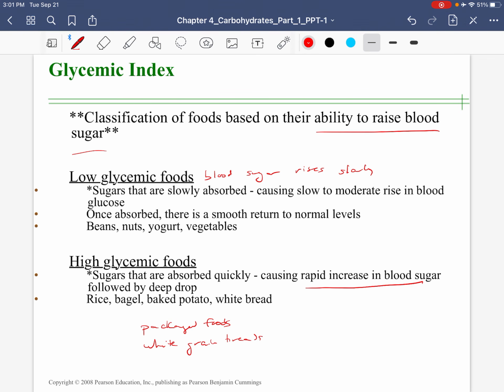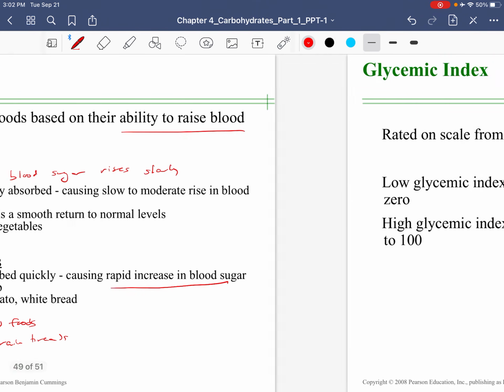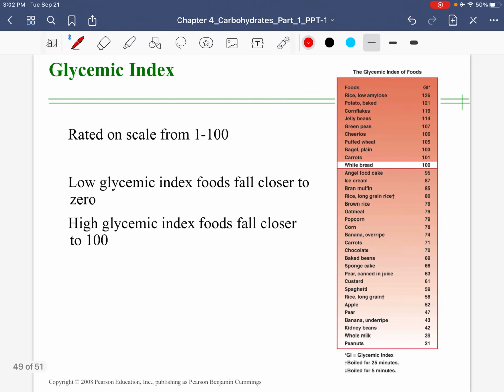White bread, white rice. It's okay to have some of both, but we can't have too much of all of one or the other. Particularly, we don't want to have too much of the high glycemic index foods because they'll raise blood sugar so quickly that our body won't be able to keep up with it.